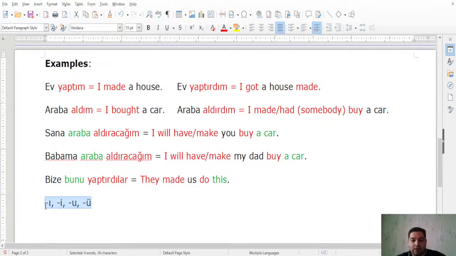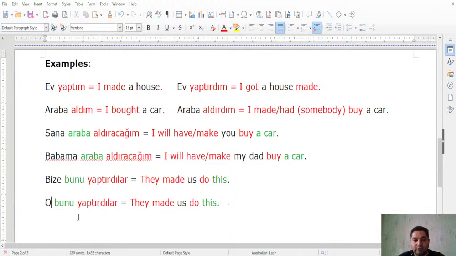Okay. You can also say they made him do this. Okay. So what will be him in this case? Let's copy this one to make it him. Him, he, it means third person, right? Because in Turkish it's o. It doesn't matter whether it's he or she.